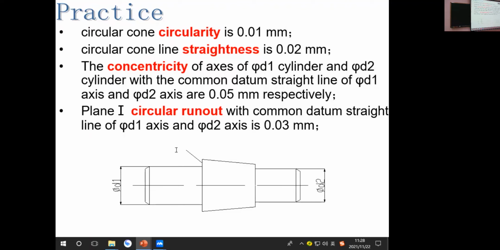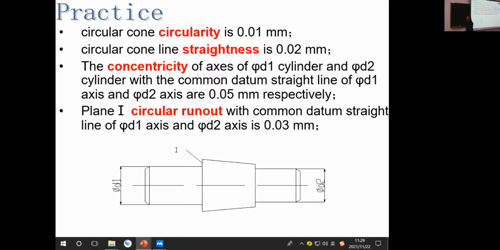It has to be like this, and 0.01, right? I think it's circular form.